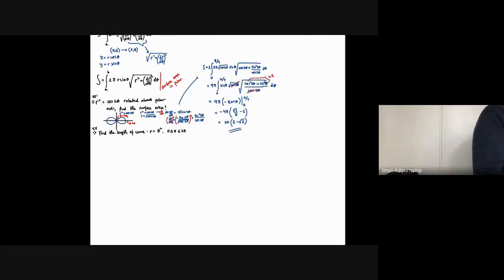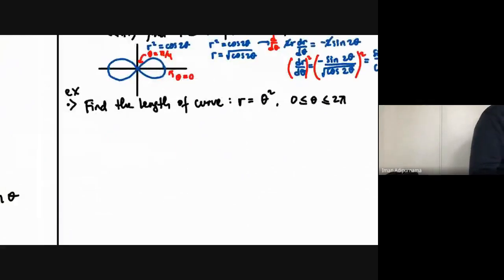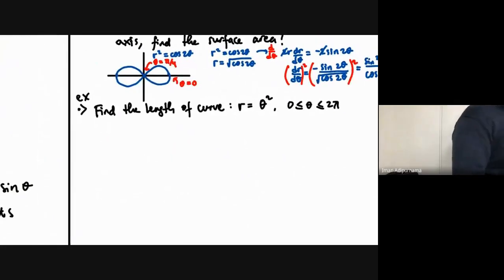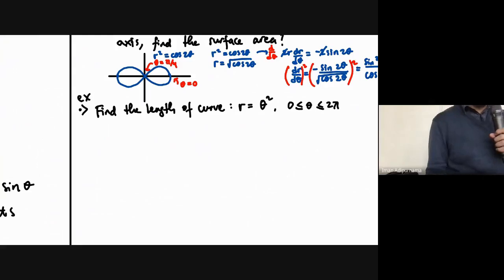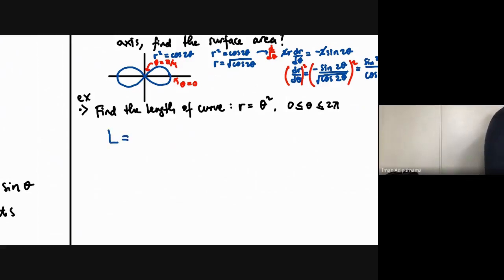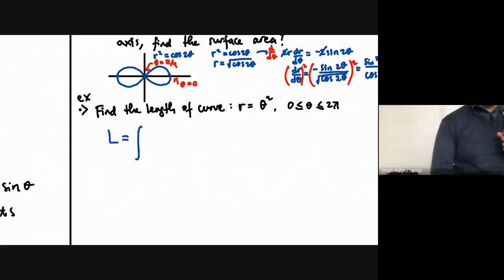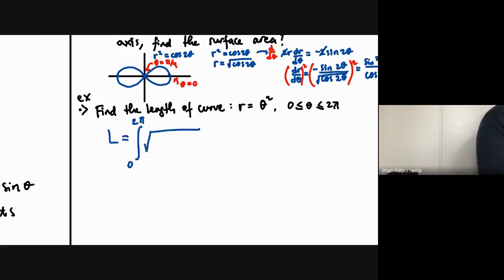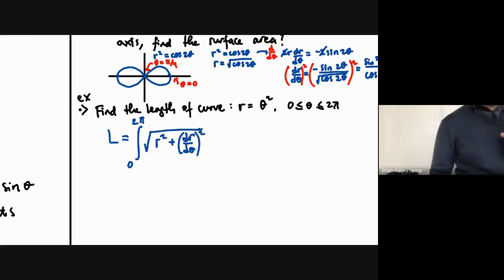Okay. The next question is actually not too complicated. You have r equals theta squared. Basically, you can just write the arc length from 0 to 2 pi, and then you can write down the formula, and then d theta.